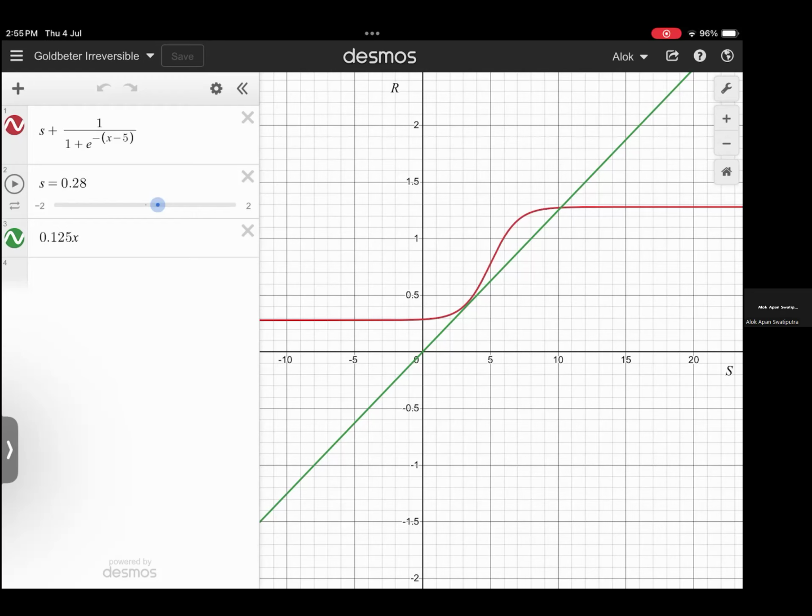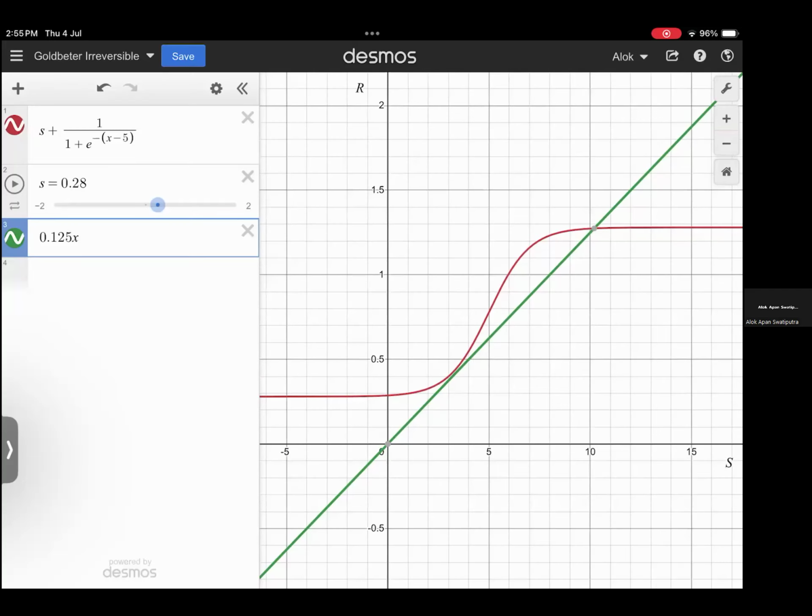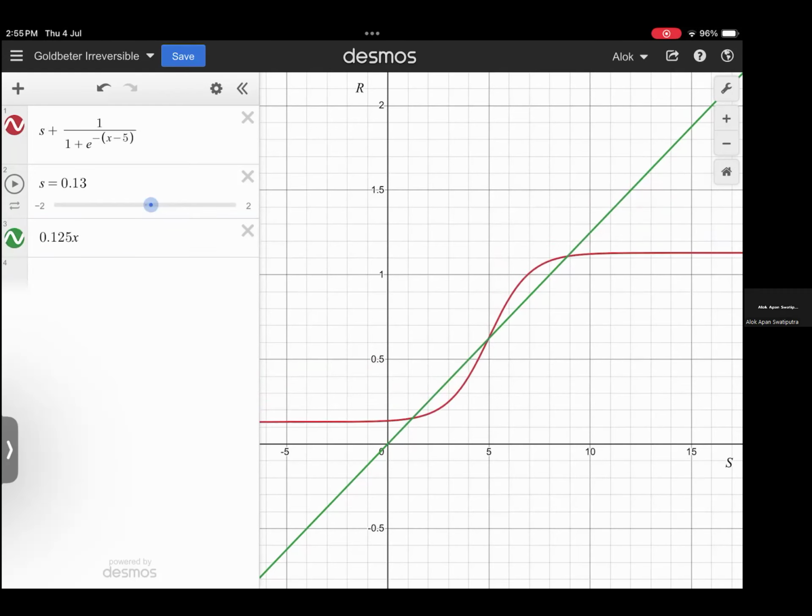And I have taken that k2 is 0.125. Now, if I gradually increase this, can you see the gray dots? Ignore the gray dot at x equal to 0, on the y-axis. Apart from that, you can see three dots.